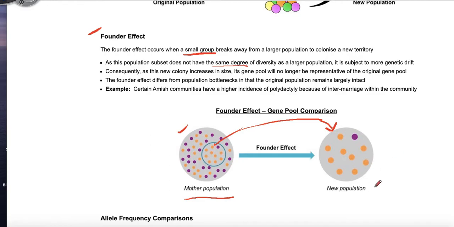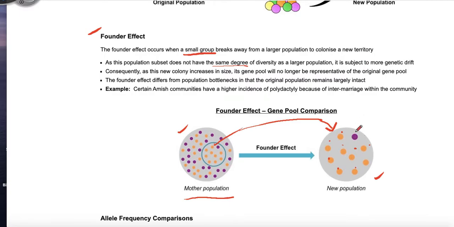So as this new population starts reproducing and it starts increasing in size, the gene pool that you see here and the allele variations that you see here are not going to be representative of that original mother population. So this new population has shifted, right, in its allele proportions, and it has shifted in its gene pool. So now there's some form of change here.